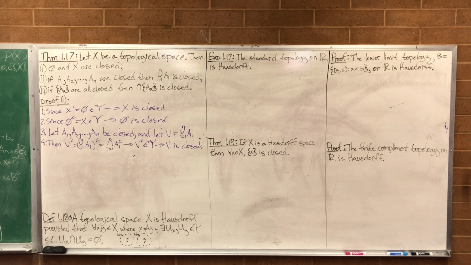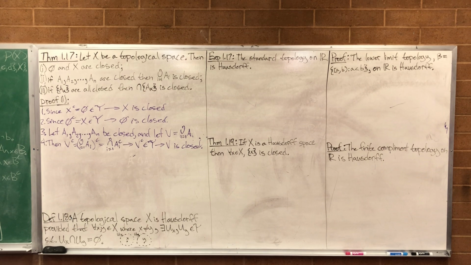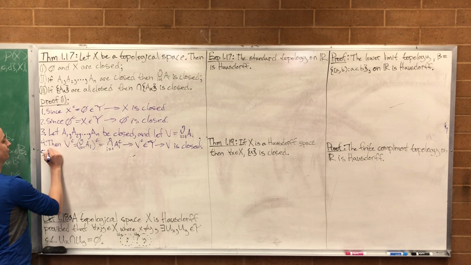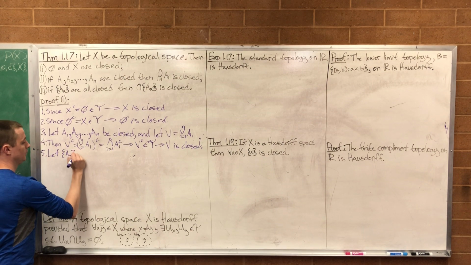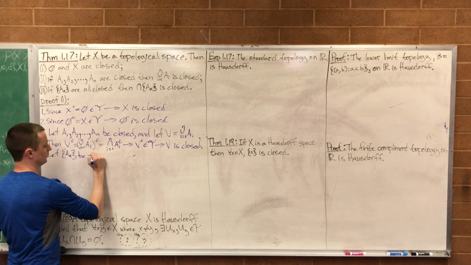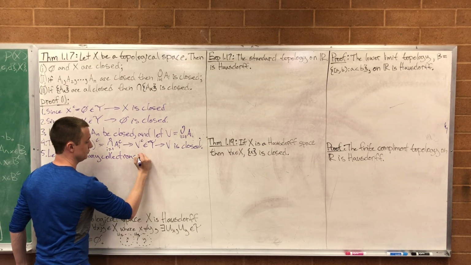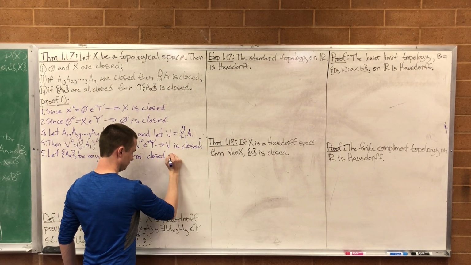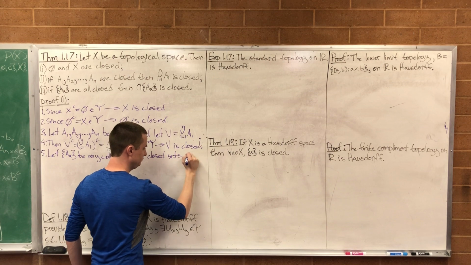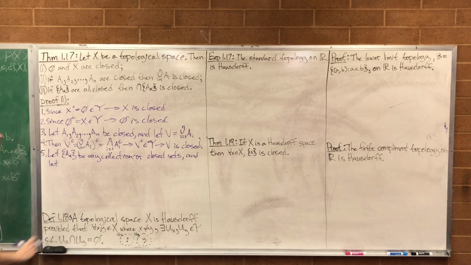Follow that? Yep. Okay, now we're going to prove this next part, and this next part's proof is going to be almost identical. So 5, let A sub alpha be any collection of closed sets, and we'll just use V again.